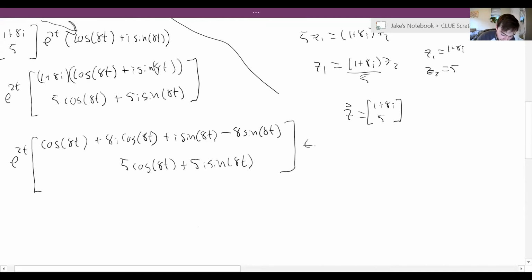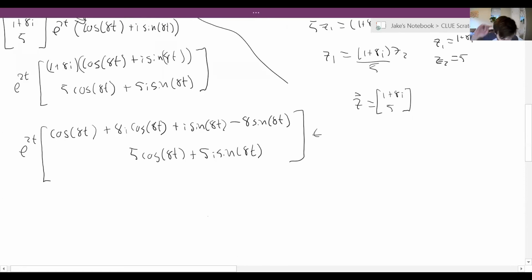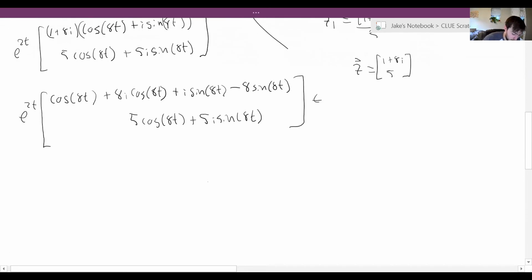Remember, this is a vector with 2 entries, a 2-dimensional vector. Both of them are these big sums of sine and cosine functions. So this is where the magic comes in. We're going to collect all of our terms with an i in it and everything without an i in it, and look at what happens. I'm going to skip ahead a little bit here, so I'm sorry that I keep doing that.